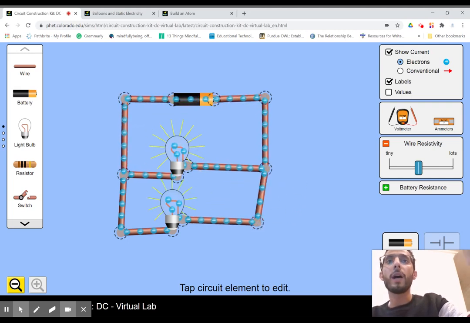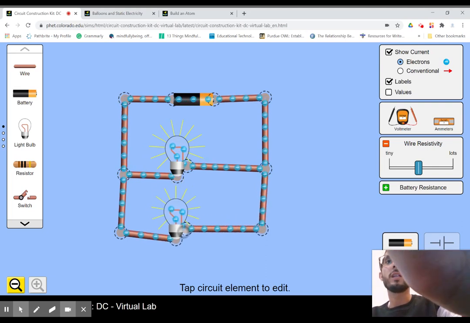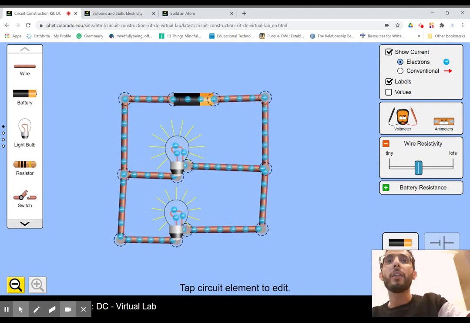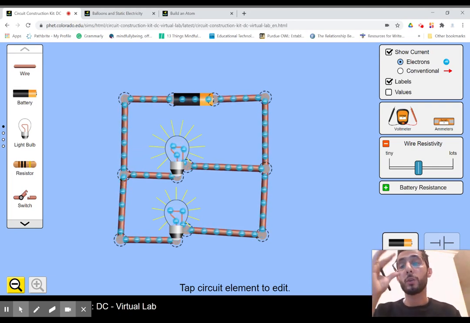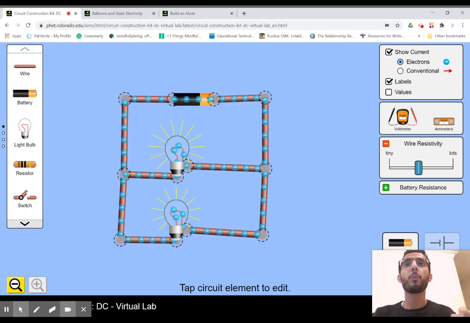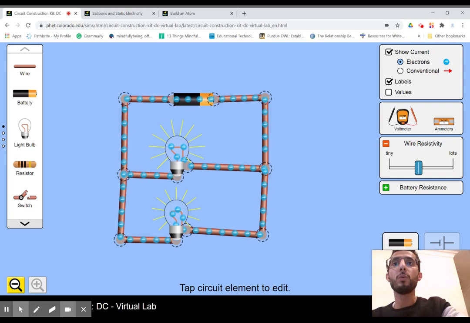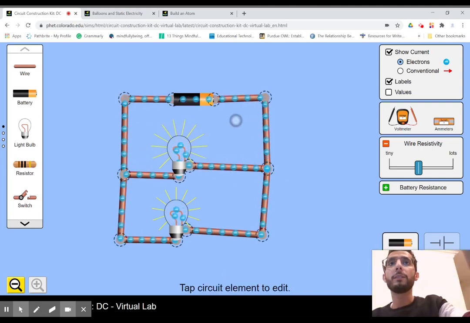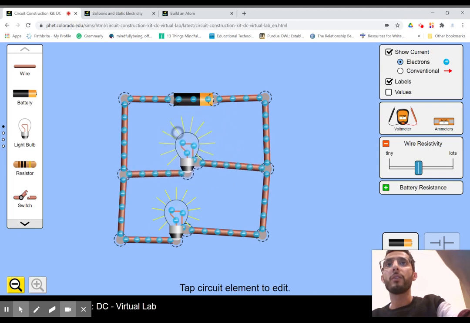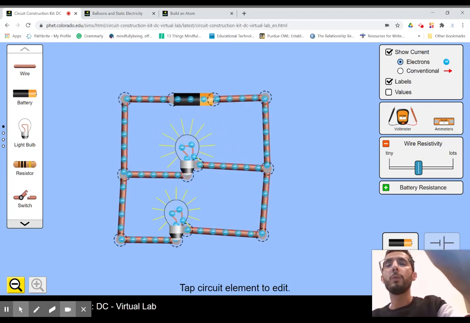I'm using wires to make more loops. Now I have two loops, loop 1 and loop 2. You can see that the electrons are moving. Let me use the pointer. Yes, they are moving inside here. So I have the first loop and the second loop.